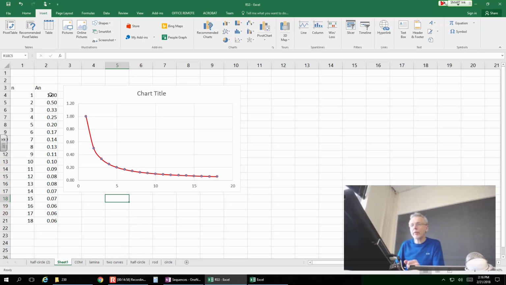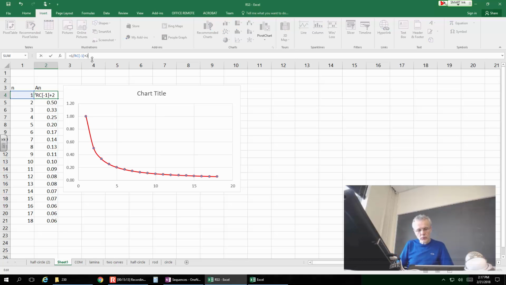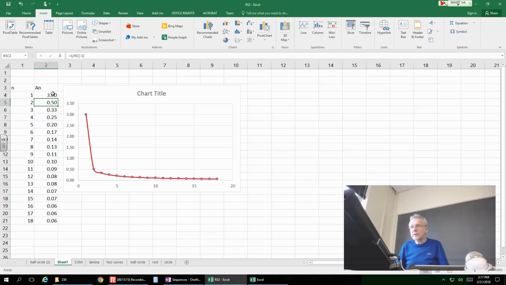So let me tweak this a little bit to see the different behaviors. For example, the limit was clearly 0 over here based on the picture or the analysis of numbers here. I could add 2 over here. What if I take my function and simply add 2? You can see what the whole thing looks like.